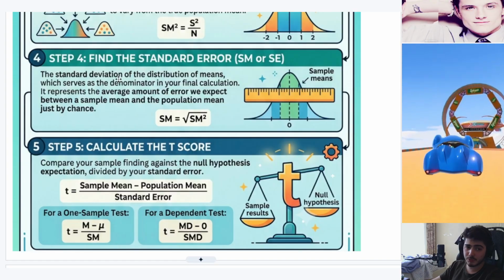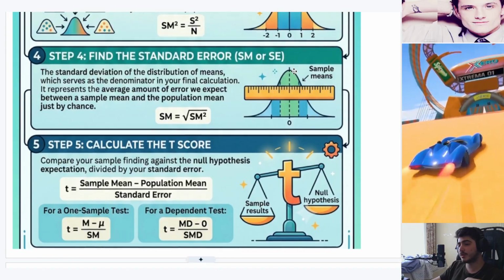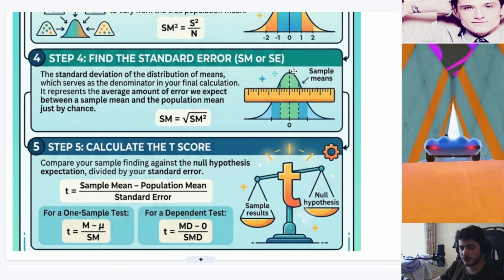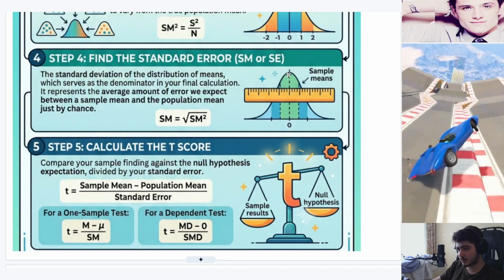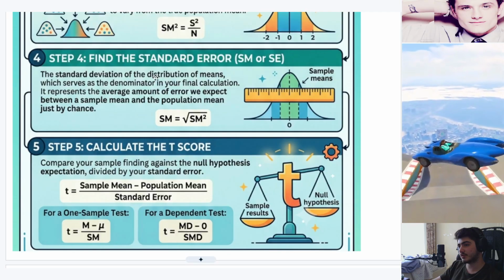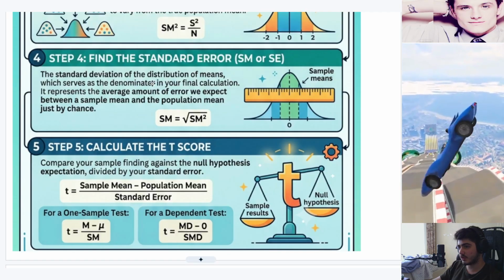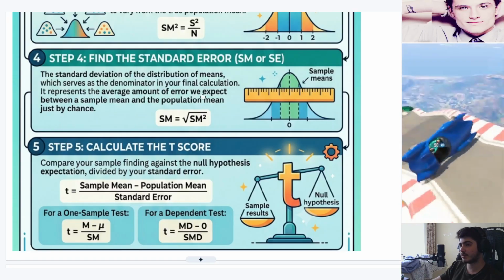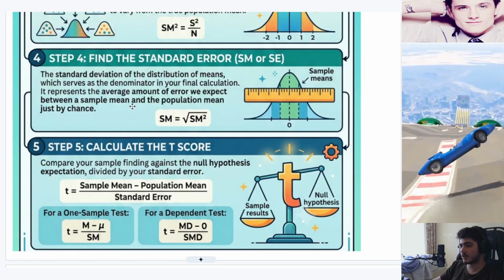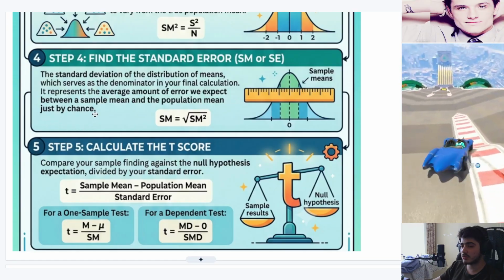And then, of course, we find the standard error. From here on out, it's almost the same as using just the normal z-score. The standard deviation of this distribution of means serves as the denominator in your final calculation. It represents the average amount of error we expect between the sample mean and the population mean just by chance.